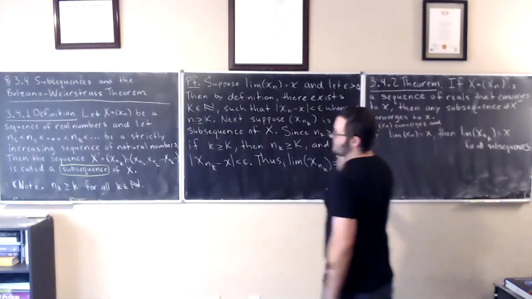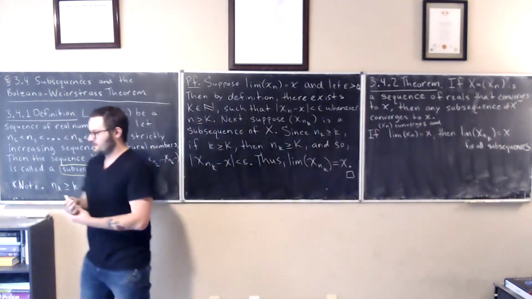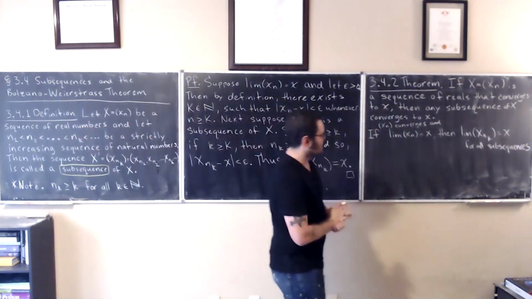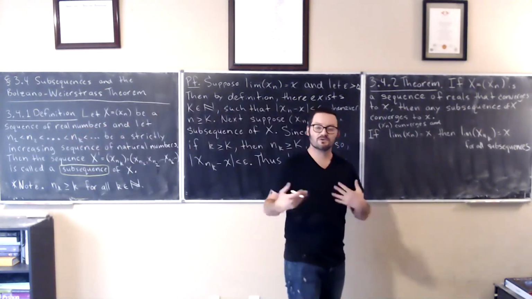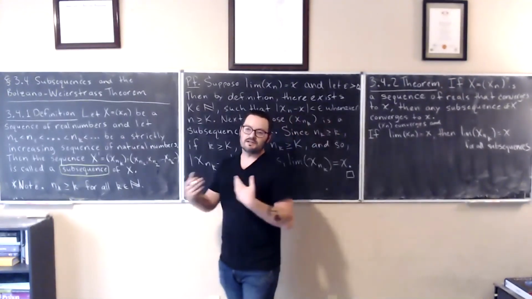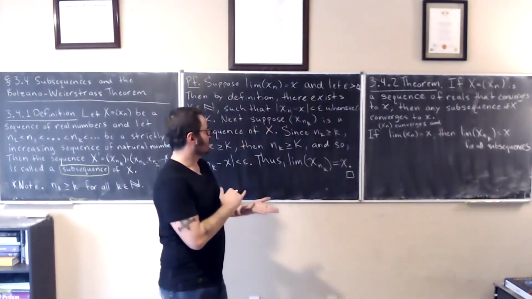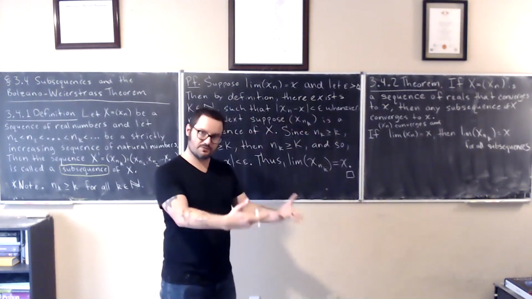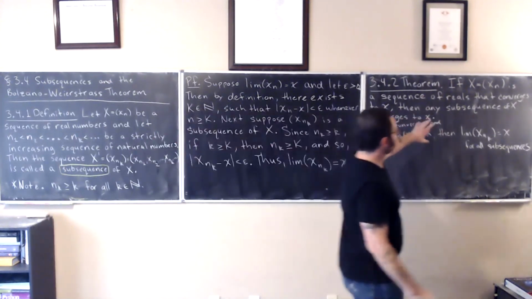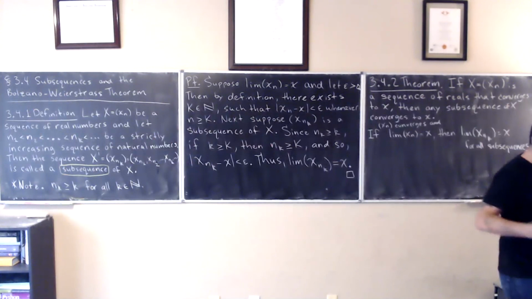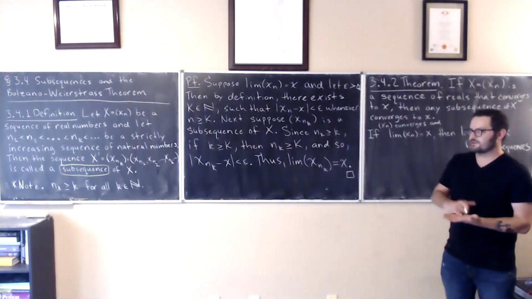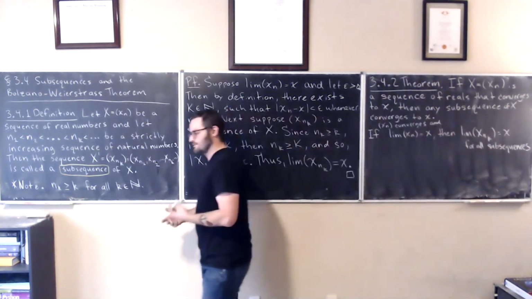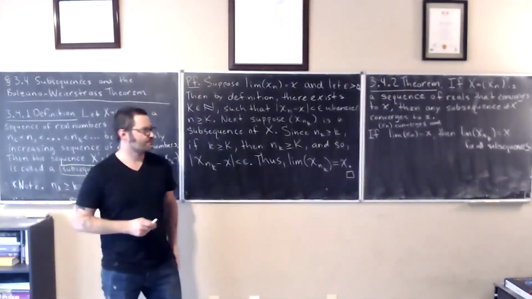So in this chapter, in section 3.4, there's a collection of what are called divergence criteria that I suggest you look at. But really, they are all negations of the original definition of convergence. If you look at the contrapositive and negations of these statements, you get a series of convergence or divergence criteria.